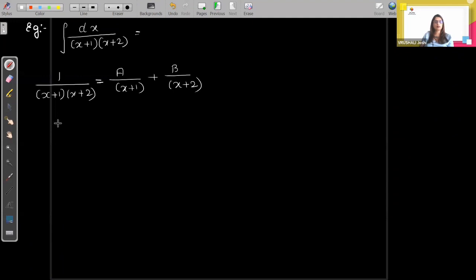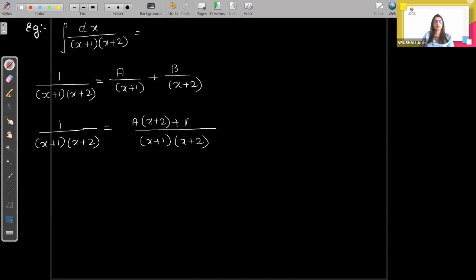If you take the LCM on the right hand side, you will get x plus 1 into x plus 2, and by cross multiplication, you will get a into x plus 2 plus b into x plus 1, correct?